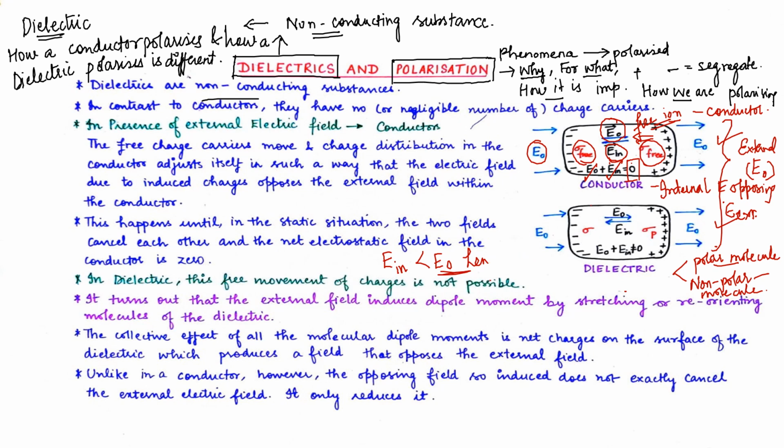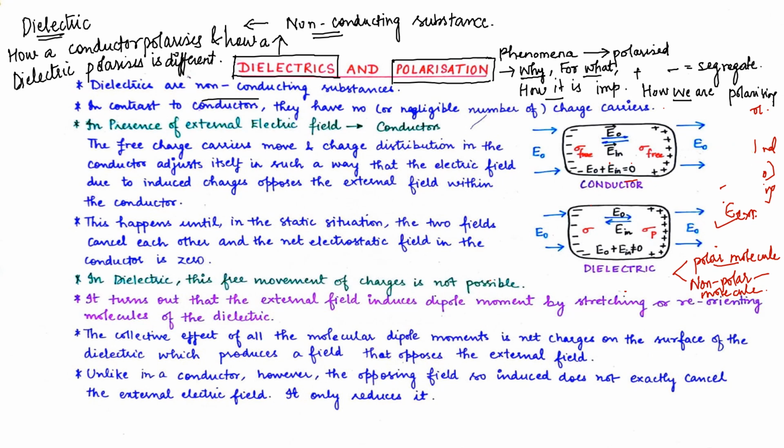In case of dielectrics, there is a remnant of electric field, but in case of conductors there is no such remnant. The induced or inside electric field cancels out the external electric field which is being provided by us.